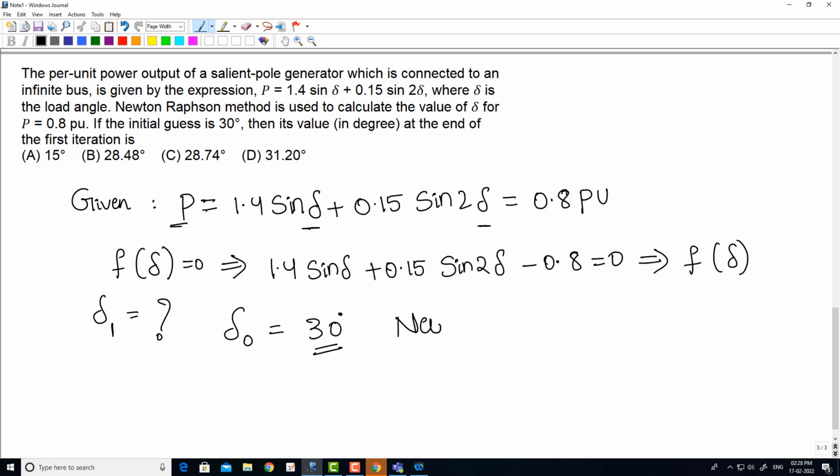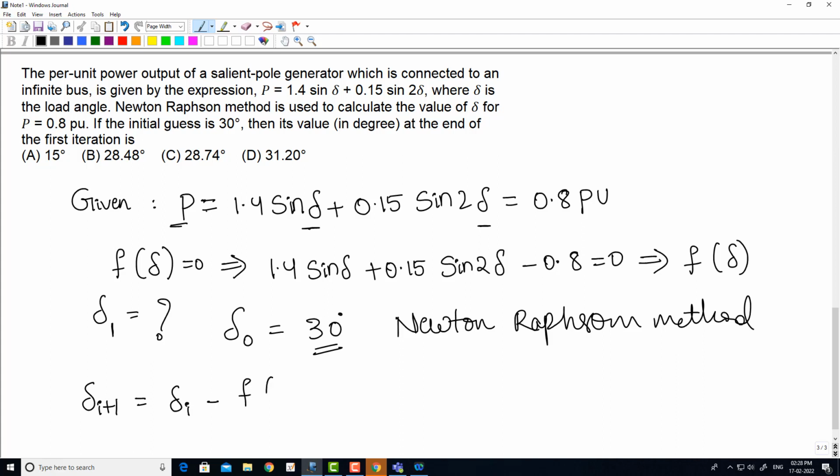Newton-Raphson method. So what is the formula for that? Delta i plus 1 is equal to delta i minus f of delta i divided by f dash of delta i.